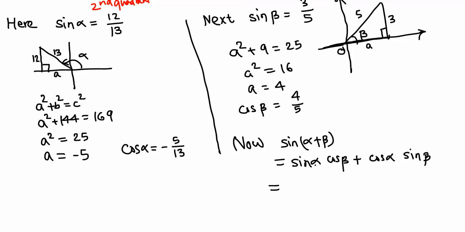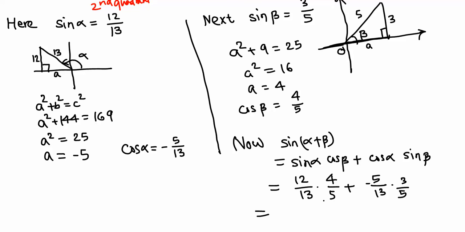That is now sine alpha, that's given, 12 over 13, times cosine beta, that's what we just found for beta, 4 over 5, plus cosine alpha, that's what we found in the first part, negative 5 over 13, times sine beta, that was given, 3 over 5.